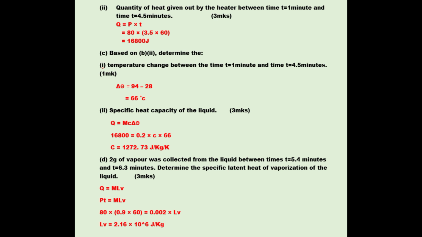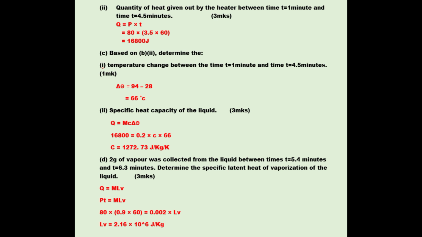So you multiply with what you got in Roman 1. So the specific heat capacity will be 1272.73 joule per kilogram per Kelvin, because heat supplied is equal to heat gained. So heat supplied by the heater is the same as heat gained by the liquid. Then you replace the values and you get what you do not have.